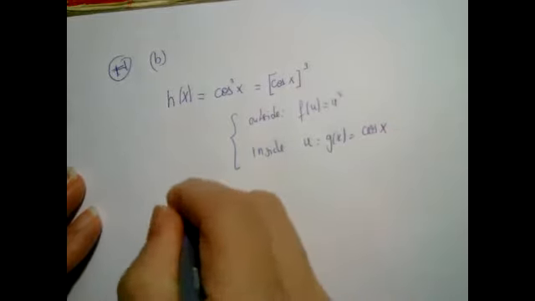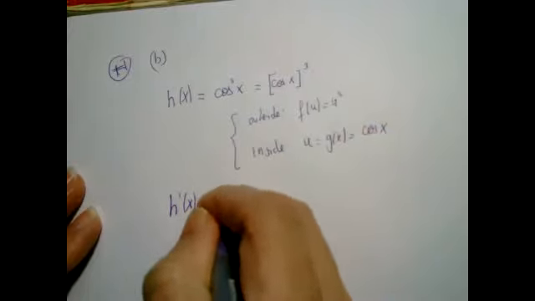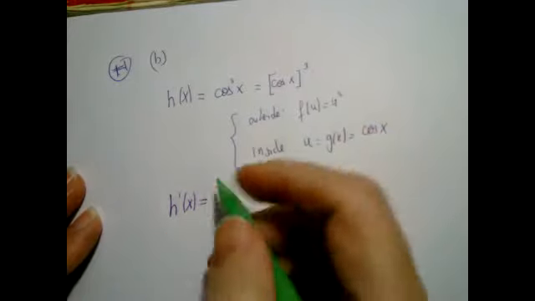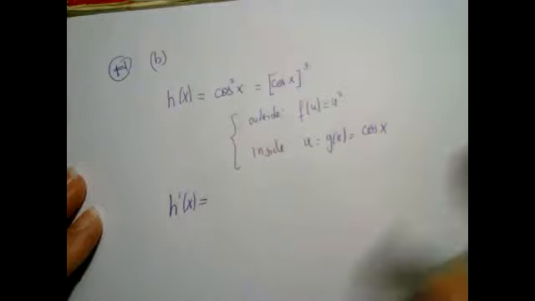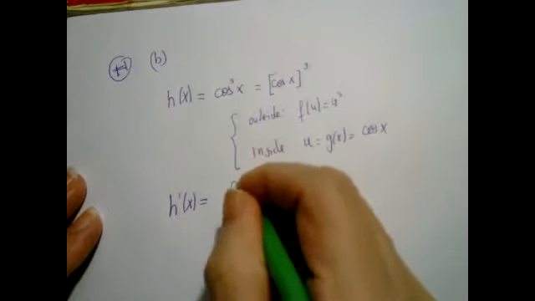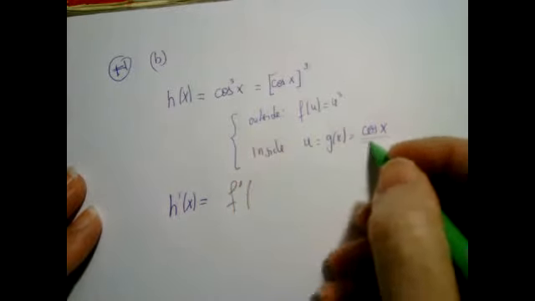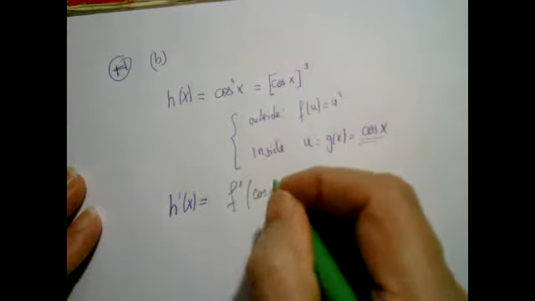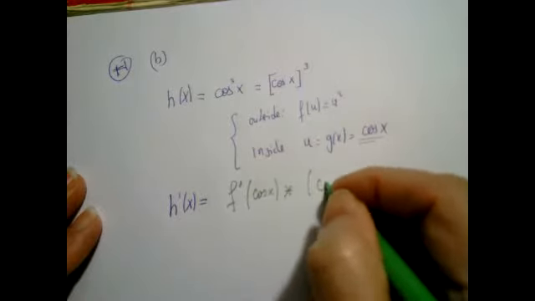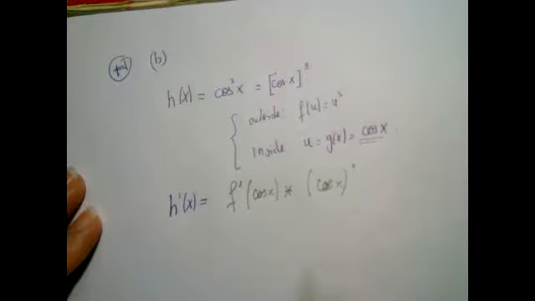Okay? So unless you write it this way, you will have difficulties answering this question. With this in mind, h prime becomes the derivative of the outside, but you evaluate it at the inside, times the derivative of the inside.